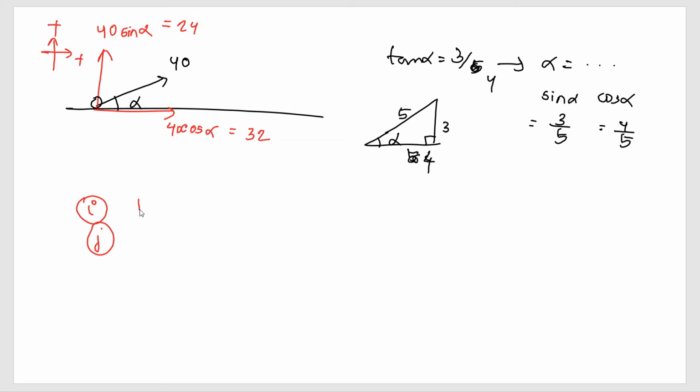So our horizontal component of the velocity from this diagram is positive 32 and the vertical component is positive 24. Why positive? Because this is rightward. Why this is positive? Because this is upward and we have taken these directions as positive. Now incorporating these components in our vector, we see that our velocity vector is nothing but 32i plus 24j.